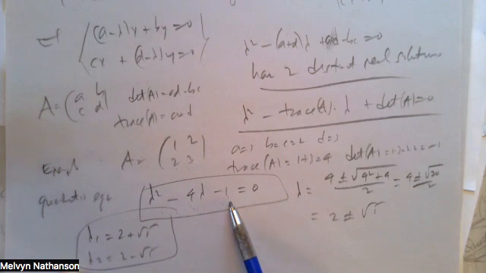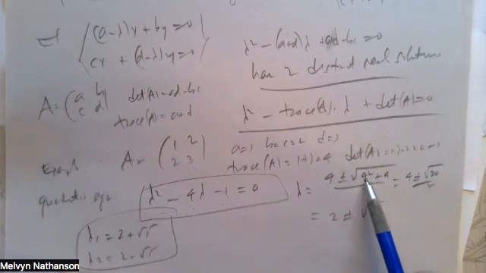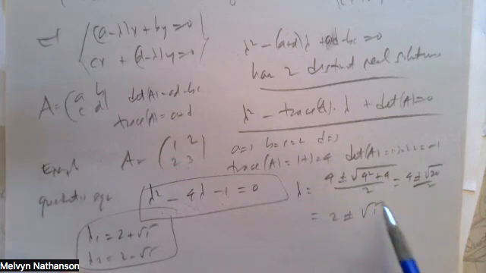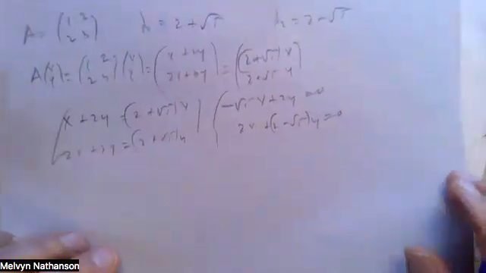By the quadratic formula, lambda is minus b, which is plus 4, plus or minus the square root of b squared minus 4ac. That's minus 1 times minus 4. So you get 4 squared plus 4, that's 20, which is 2 root 5. So I factor out the 2. I cancel the 2. So 2 plus or minus root 5, that looks like it's correct.